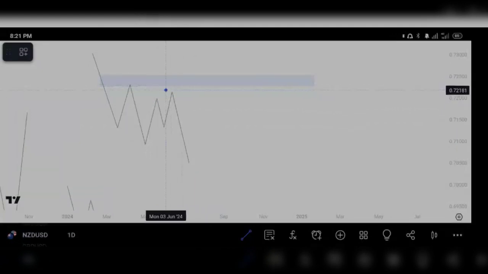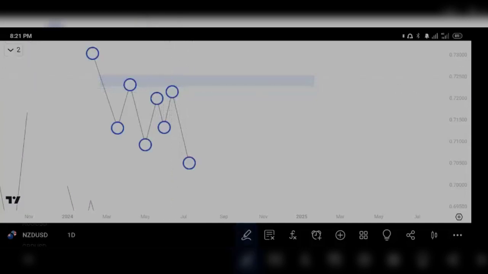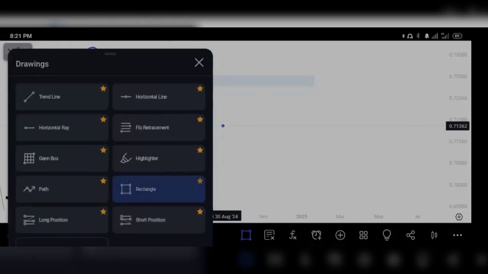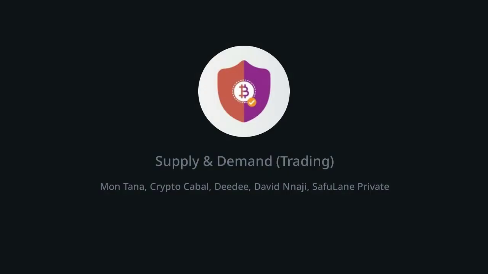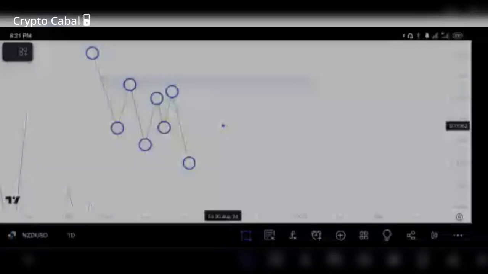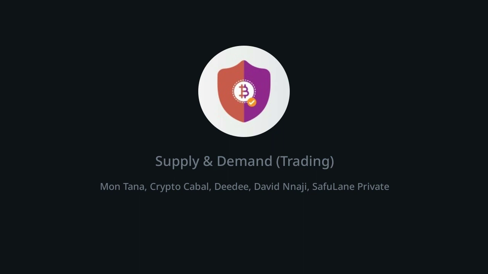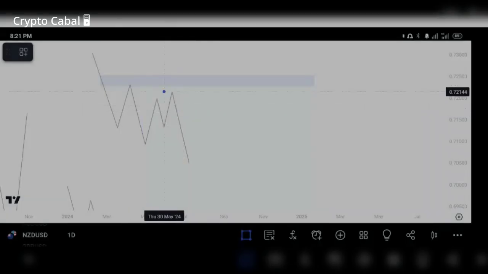Now, we have a lot of sellers at this resistance level, people willing to take positions at this point, but price did not get back to that place. And that is where we have what we call demand and supply. In the previous session, I explained that demand and supply is a more advanced, more professional way of explaining support and resistance.